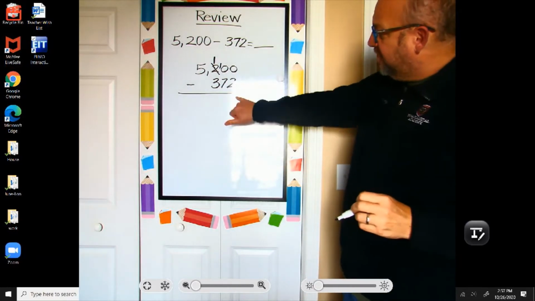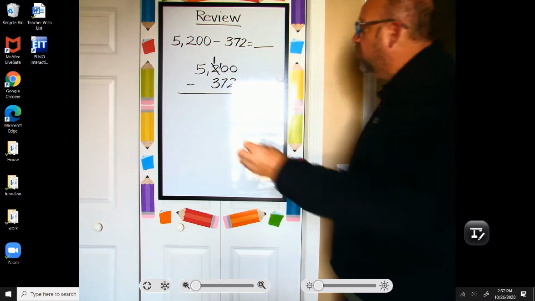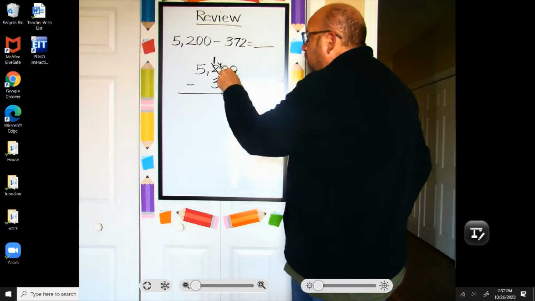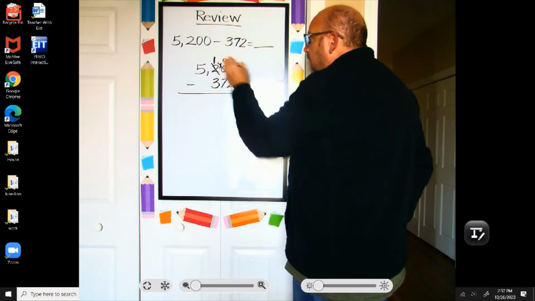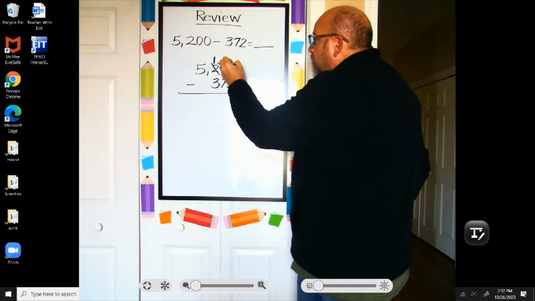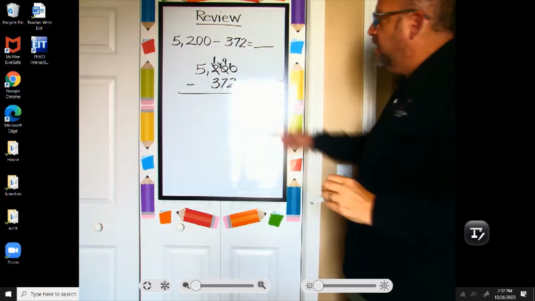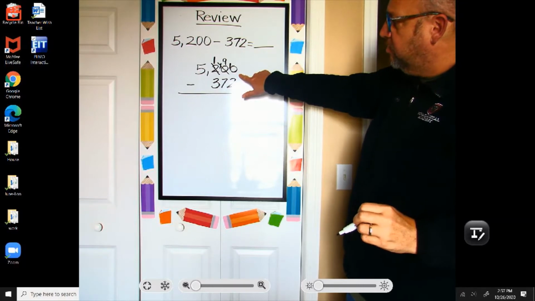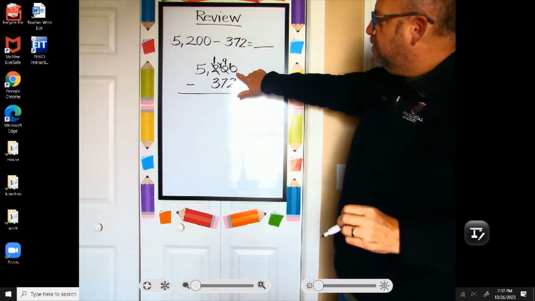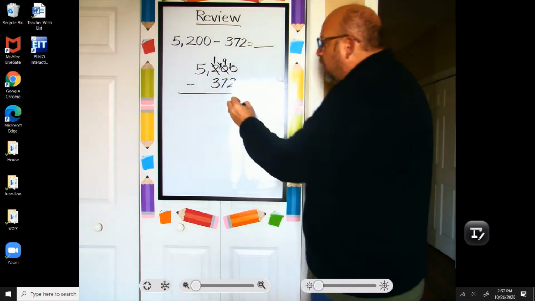Now you might notice that did not help us back here in the ones place. So now we have to take one of those tens, which leaves 9 tens, and bring that to make it 10 ones. 10 ones minus 2 equals 8.